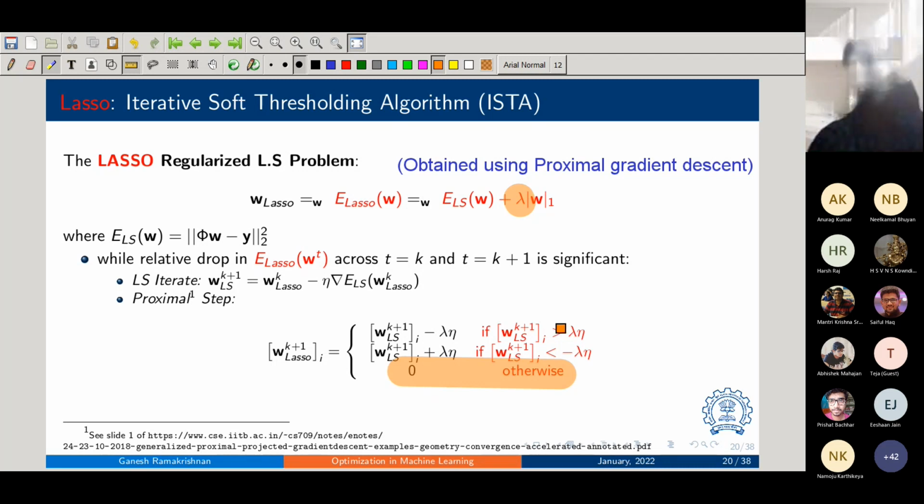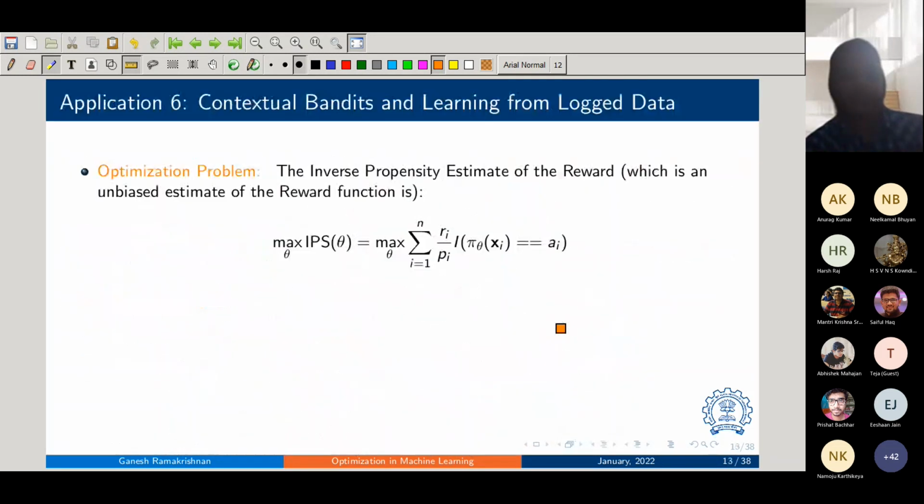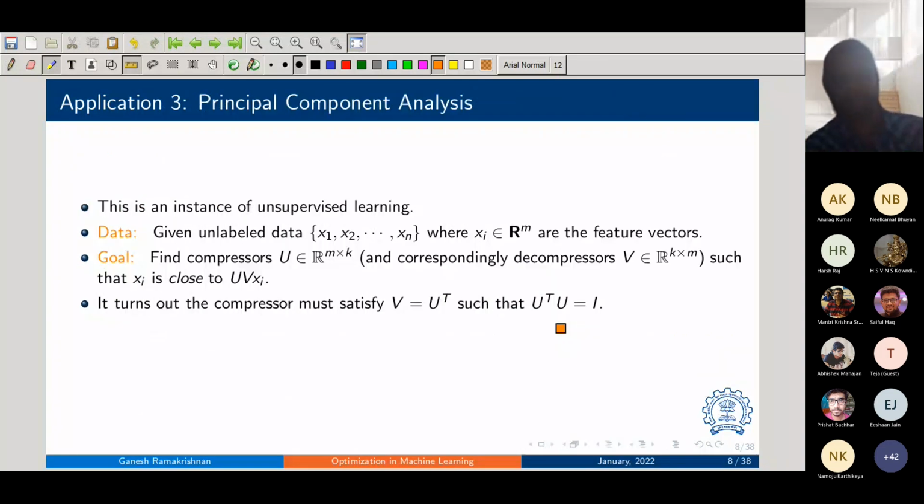Some scaled version of lambda will lower bound the positive weights, and some scaled version of minus lambda will upper bound the negative ones. We'll also have an explanation later on for why this happens. But if there are no questions, I'll proceed with other examples.